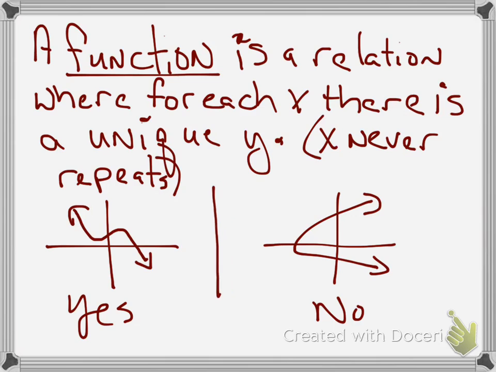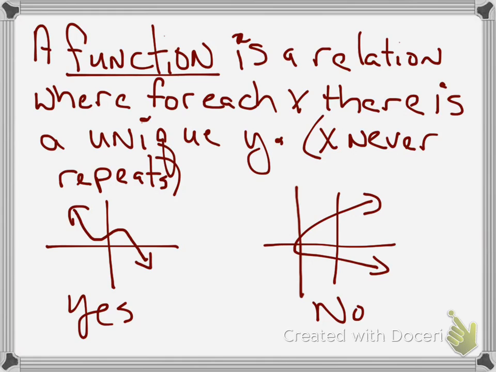is that if you were to do a vertical line test and just go across like this, you can see on this one that there is never a point where the graph is touching this vertical line twice at the same time.